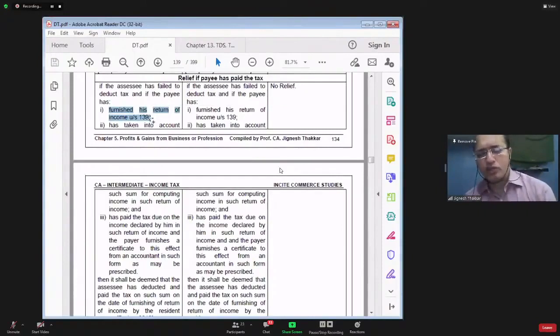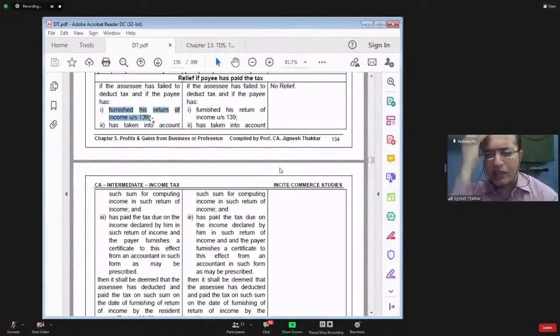Number 2, the payee should pay the tax on his total income. And number 3, the payee should file the income tax return within the due date mentioned in section 139 subsection 1. If these 3 jobs are done by the payee, and to this effect a certificate is taken from a chartered accountant and the payer submits the copy of that certificate to the income tax department, then what will happen?